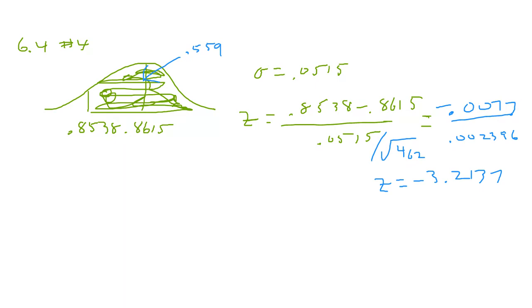I'll put mean of 0, standard deviation of 1. I'm just going to use a standard normal calculator. And I know the z-score is negative 3.2137. Oops, mic's not working. Negative 3.2137.